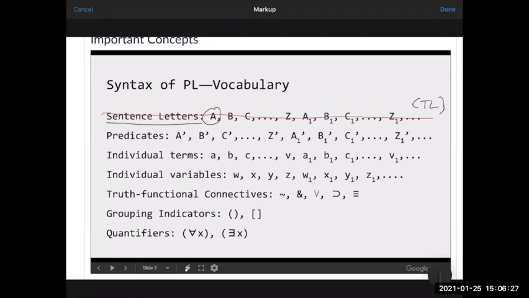Okay, now let's look at predicate letters. Predicate letters are, in a sense, one of the most powerful aspects of PL. Predicate letters in PL correspond to general terms in a natural language. Now remember, general terms are things that can apply to many different things. And I think it's helpful to think about them in terms of open sentences.